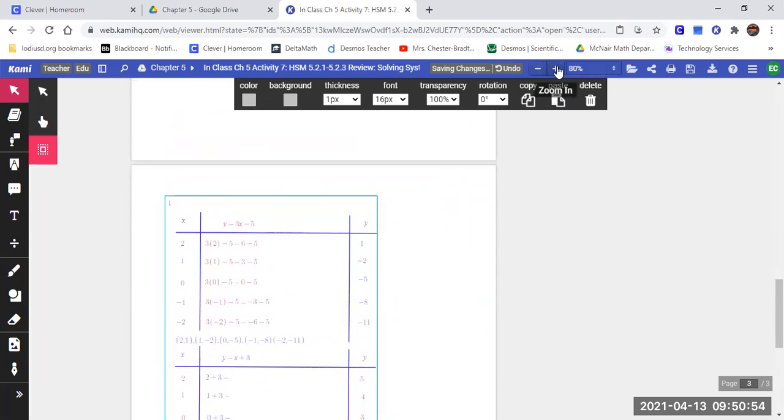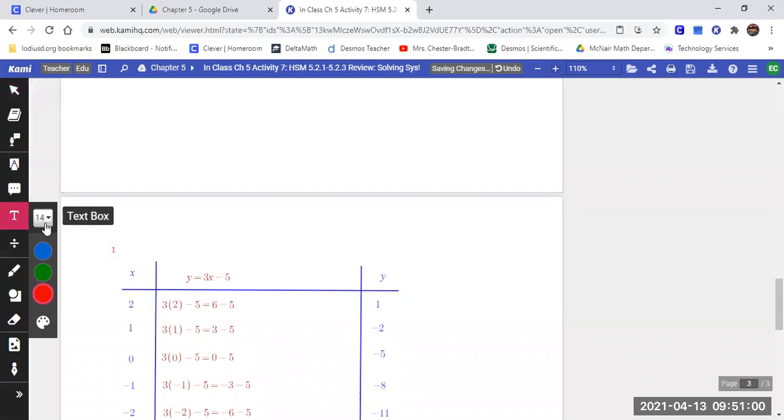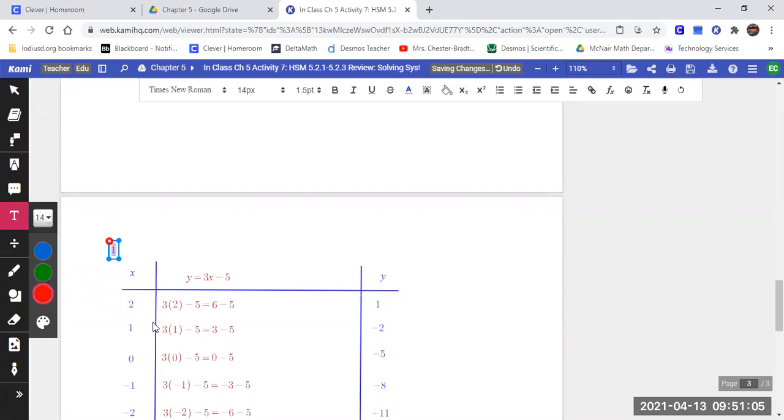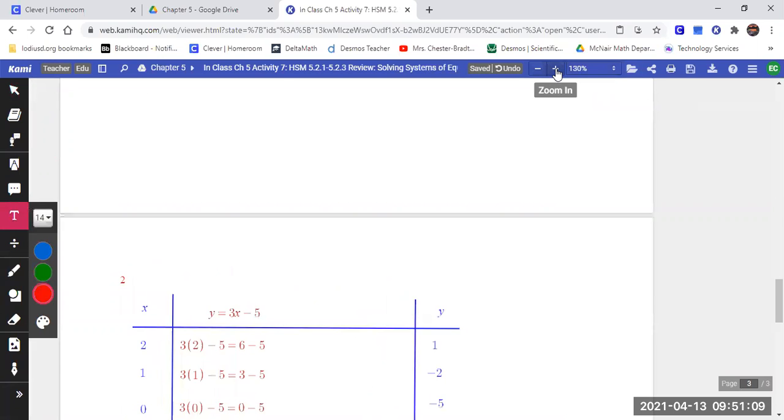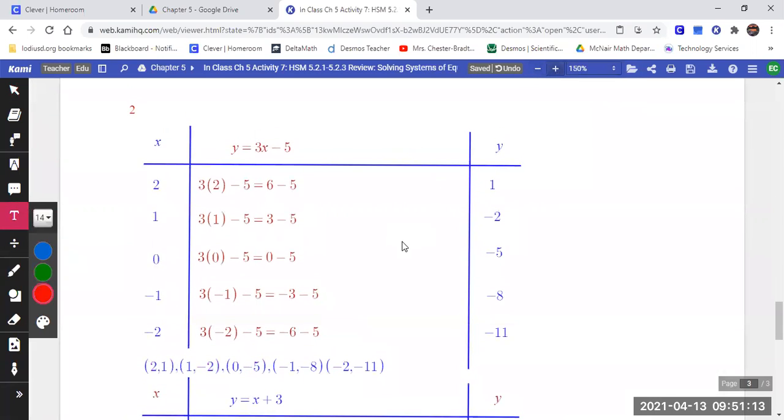That's the feature of Cami. That's nice. The copy and paste. This is obviously question 2 now. I need to change the equation to the correct one for question 2. What's the first equation for question 2?